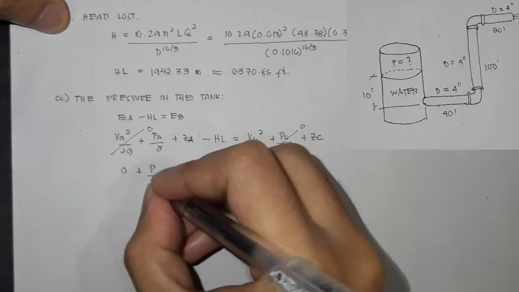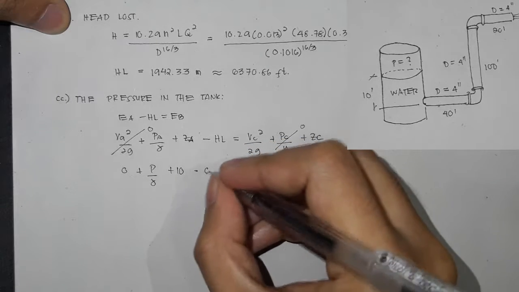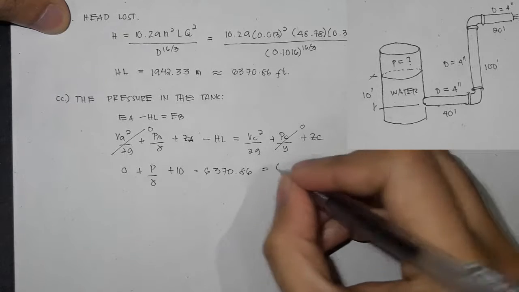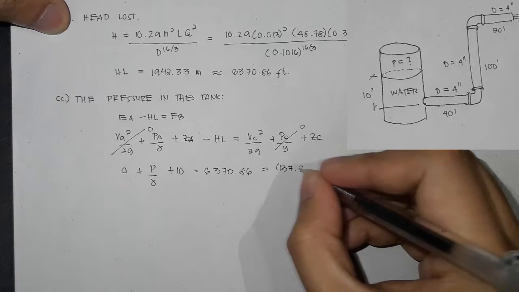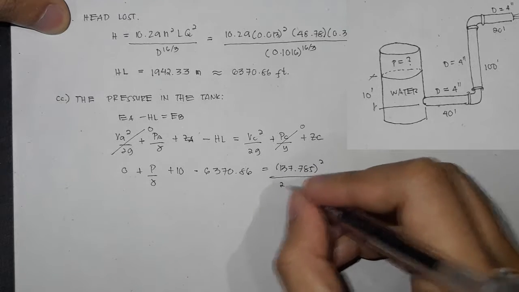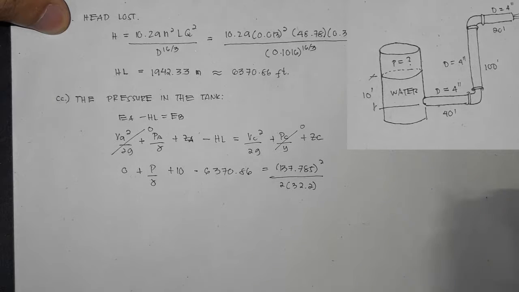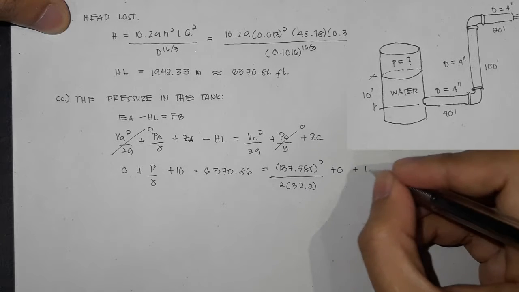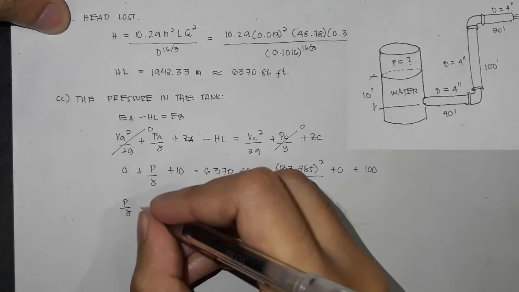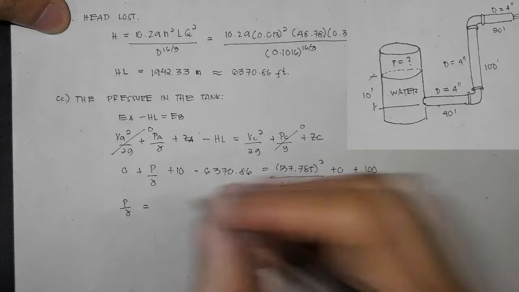It will be equal to 0 plus P over unit weight plus 10 minus 6,370.86 is equal to 137.785 squared over 2 times 32.2 plus 0 plus 100. Take note that the use of 32.2 is with regards to the English system of the gravitational force.